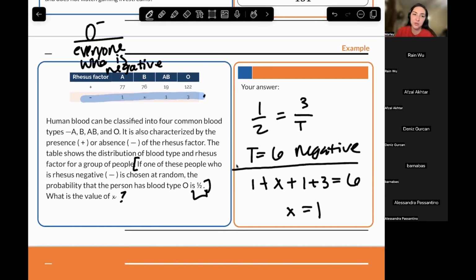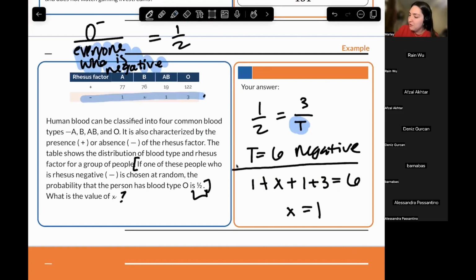So it's O negative over everybody that's negative is going to be equal to 1/2 because they told us that's the proportion. The probability that we pick someone who is O negative out of all of the negative people is 1/2. So that's how we're able to set up this proportion. And the one thing that was unknown was everyone who's negative, we don't know how many people that is because of that X in there. So that's how we found that total.